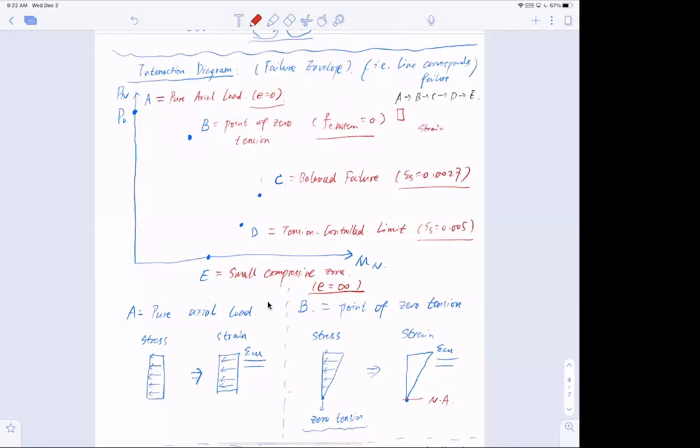Then I jump to a triangle, my triangle getting bigger, and even bigger, and completes into a reverse triangle. That is what's going on as I increase the moment. Now you know why we have picked these points.